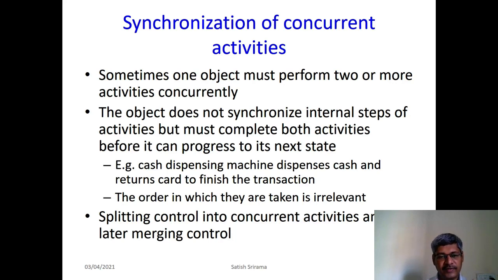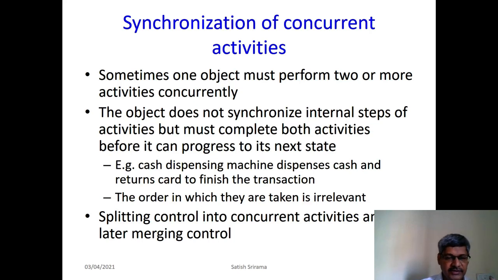So when an ATM machine is dispensing money and also trying to return the card, it does not matter in which order the user takes them, whether you take the cash first or the card first. It depends on the user. The order in which they are taken is completely irrelevant in this case. But both tasks should be finished so that the transaction is complete.